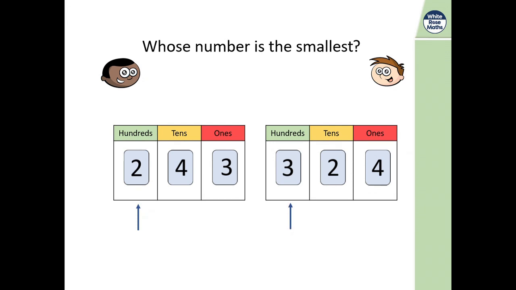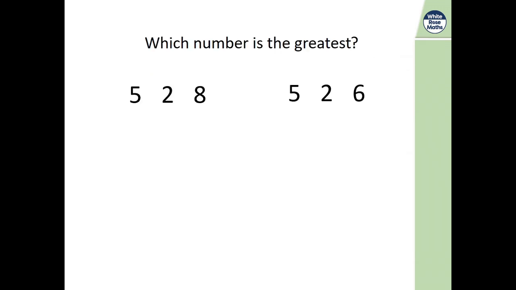Now our first number has got 2 hundreds and our second number has got 3 hundreds in it. So which one of those is the smallest? That's right, it's the 243 number. So Mo's number is the smallest.